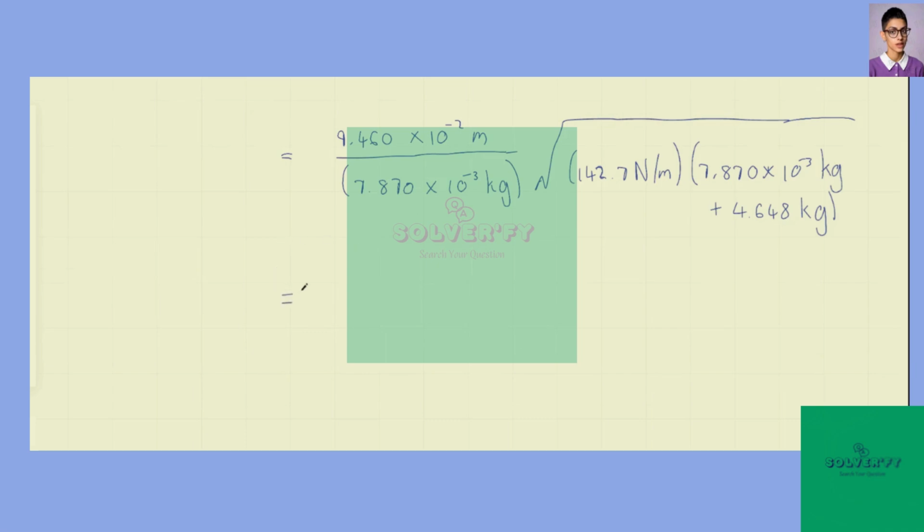And so computing this, we get the speed of the bullet before it strikes the block to be 309.8 meters per second.